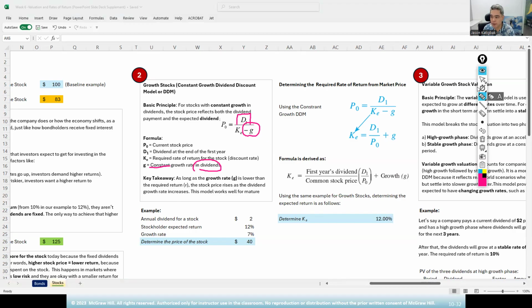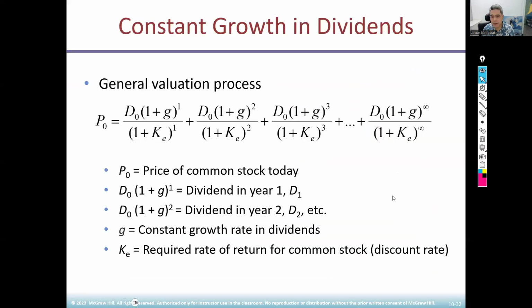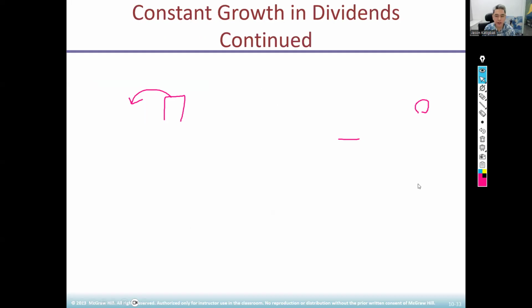So a while ago, I'll make sure that we can show it in the PowerPoint. Because when you look at your PowerPoint, there's a growth rate that you need to apply on the dividends, but you need to do it in infinity. This one is not a usable formula, similar to how we did it before, right?